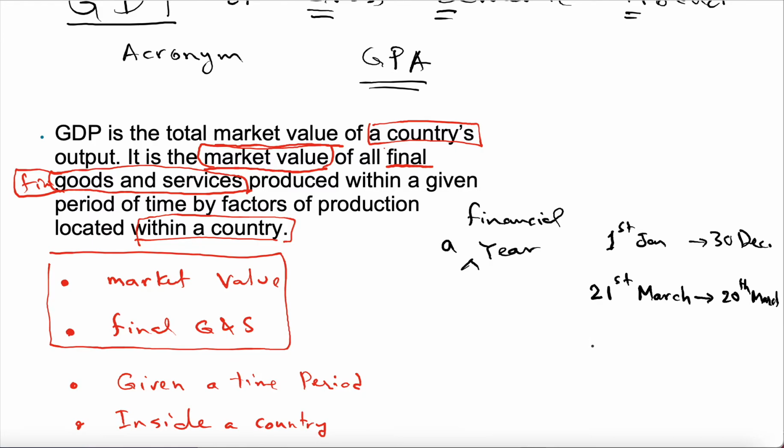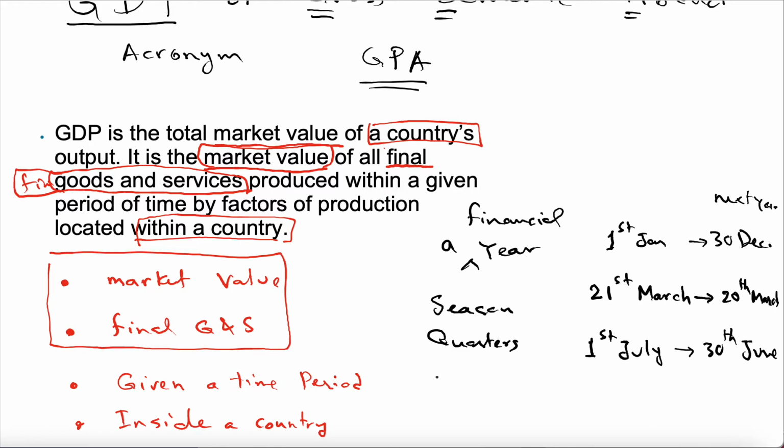In Australia, it starts from the 1st of July and ends 30th of June next year. Or the financial year maybe can be broken down to seasons or quarters.